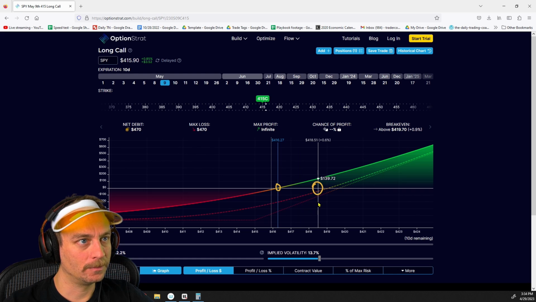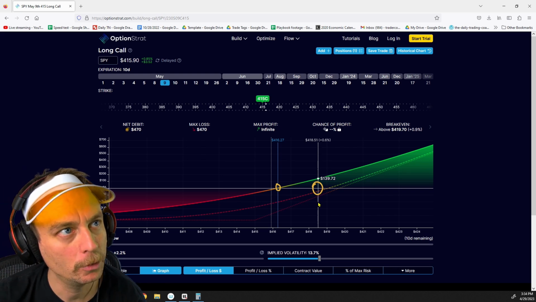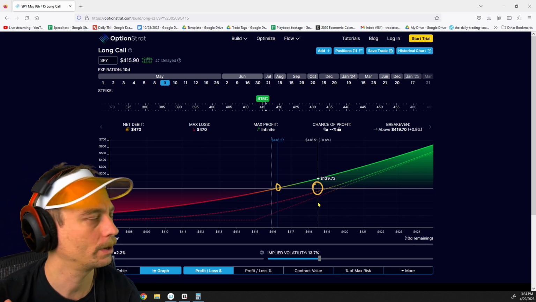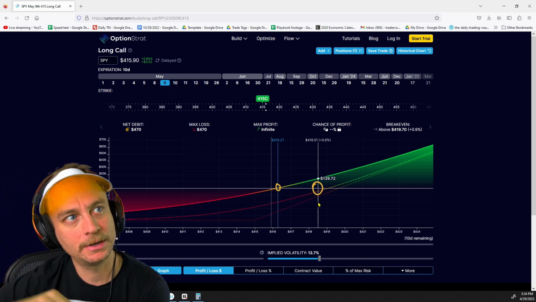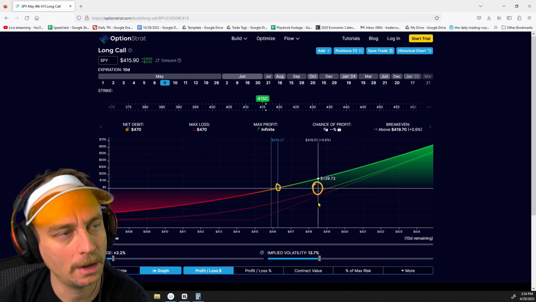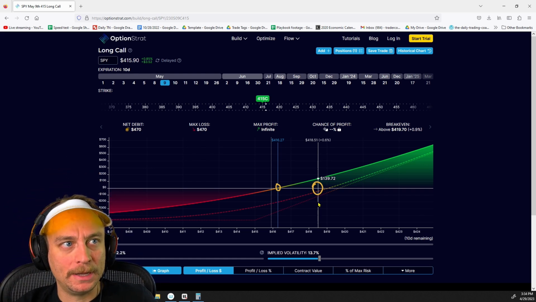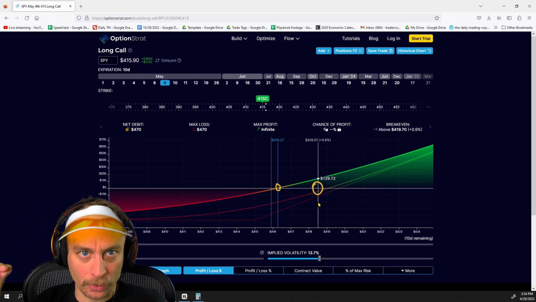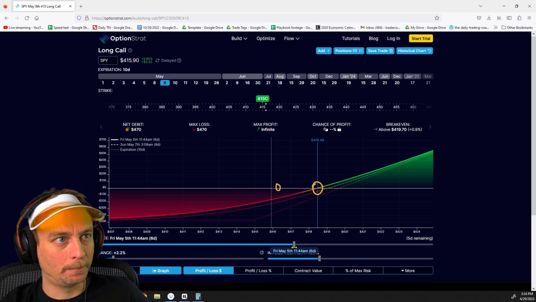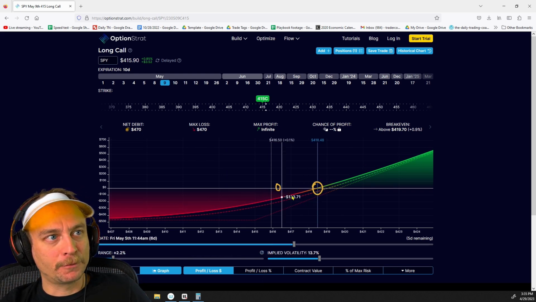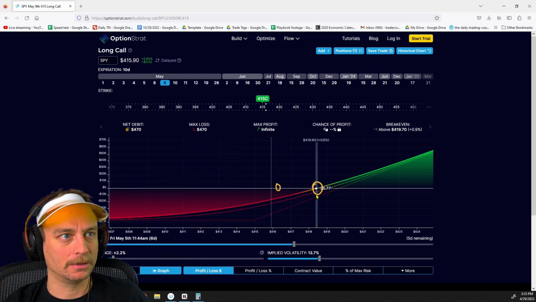So right here, if it went up to this price, if the market moves to this price of 418.51 or whatever, because again, it's SPY, so the number's different. If it goes up to the price of $418.51, the day we buy the option, at this point we would be up $139 if we sold right here on the first day. But if we wait several more days and the market goes up, now it's break even.